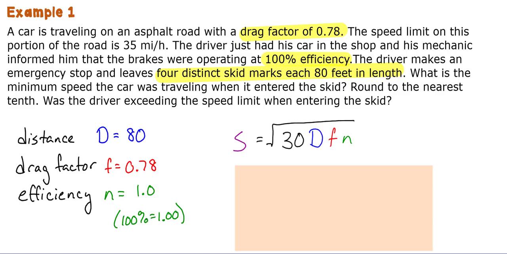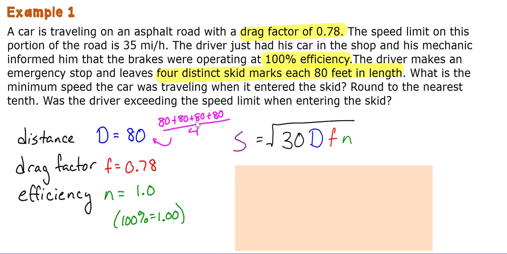Also, the reason I didn't do the average here is because if we add 80 4 times and divide it by 4, we get 80. But if you have problems that have various skid mark lengths, you need to add them together and divide by the number of skid marks there are.